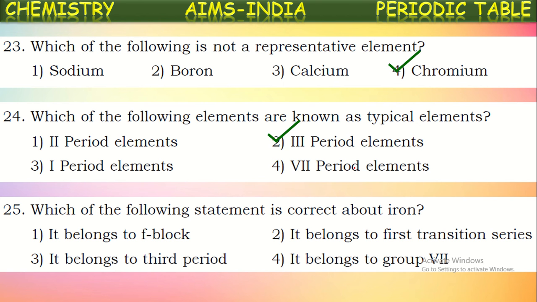In the d block, the first horizontal row is known as first transition series. Those elements are from scandium to zinc. In between these, there is iron. So iron belongs to first transition series. It belongs to fourth period, not third period. It belongs to eighth group, not seventh. Okay, the only correct answer is it belongs to first transition series.